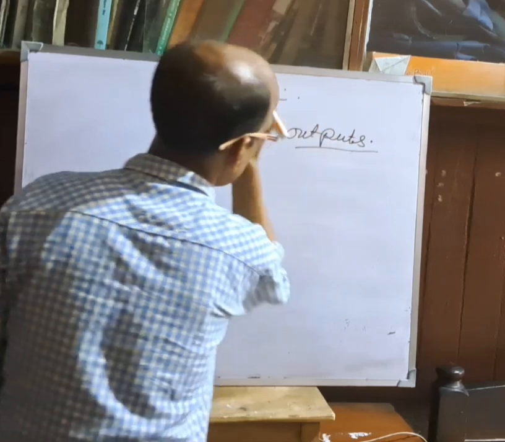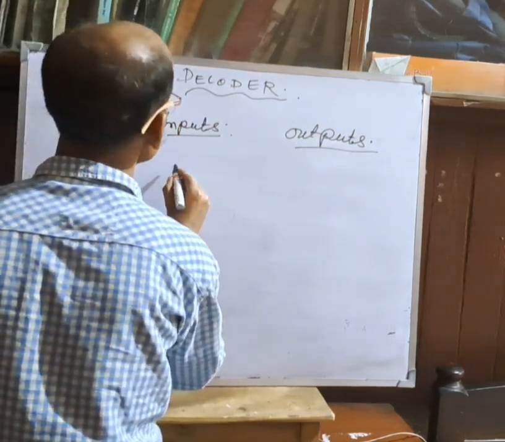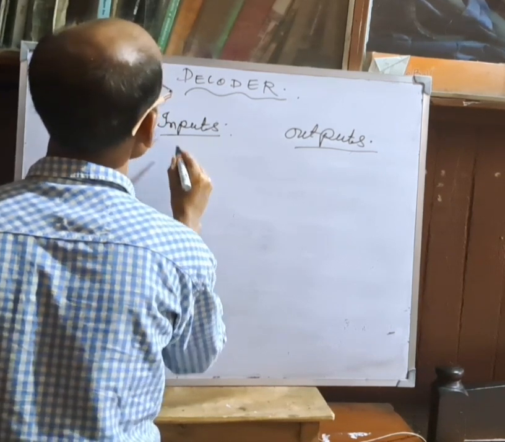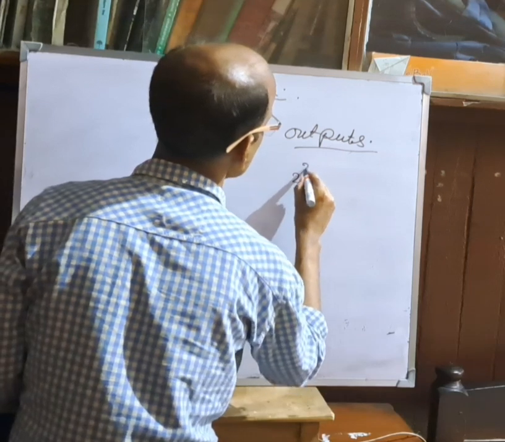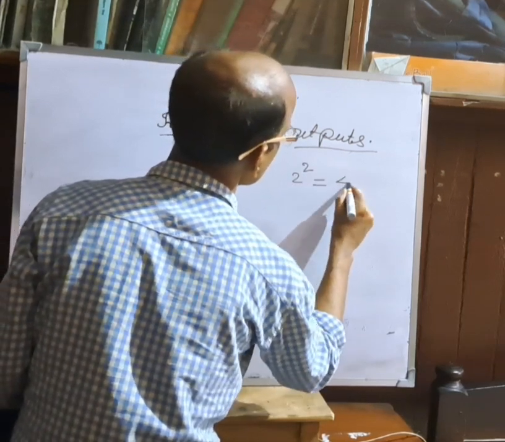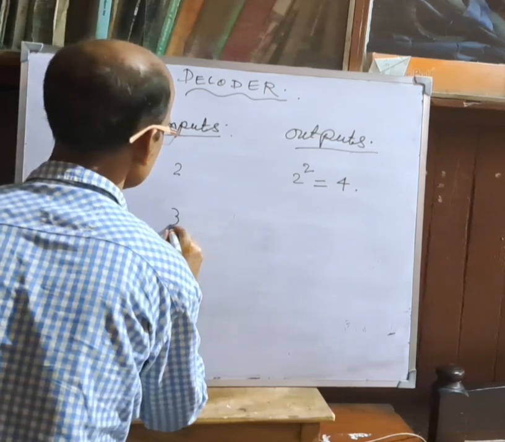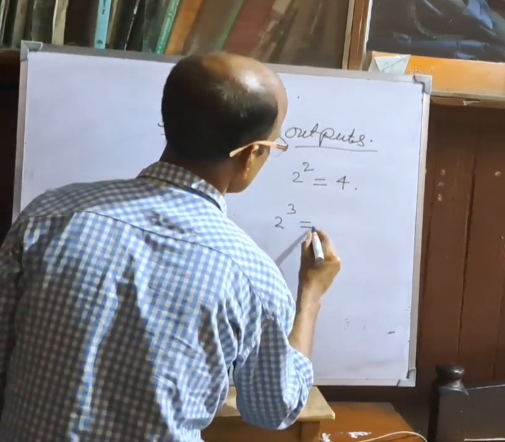If I am giving two inputs, the number of input is 2. The output is 2 to the power 2, that is equal to 4. Number of input is 3, the output is 2 to the power 3, that is equal to 8.